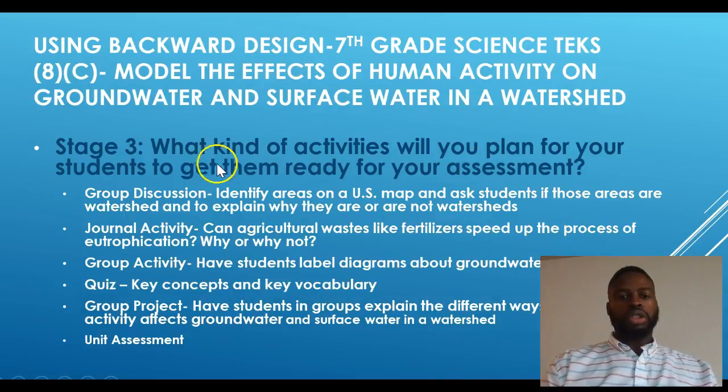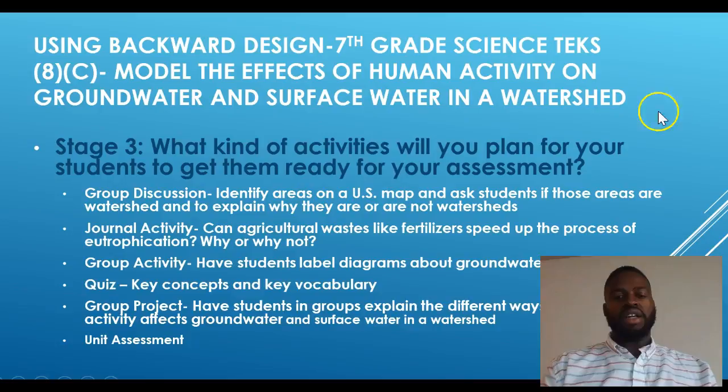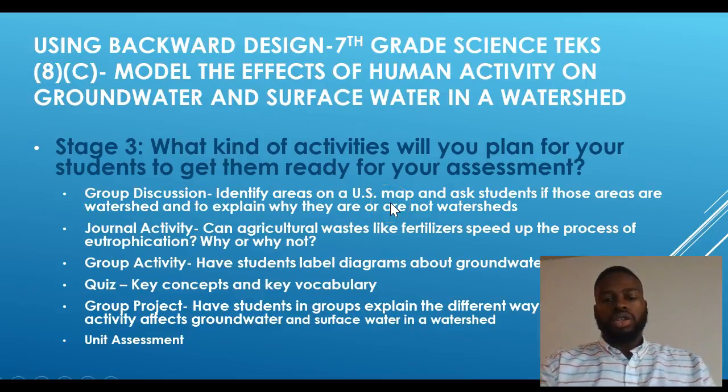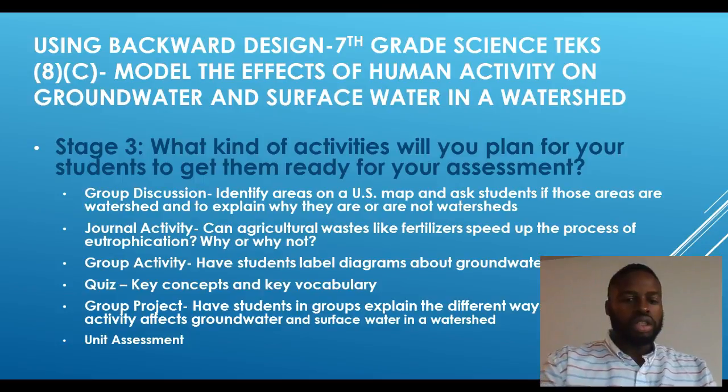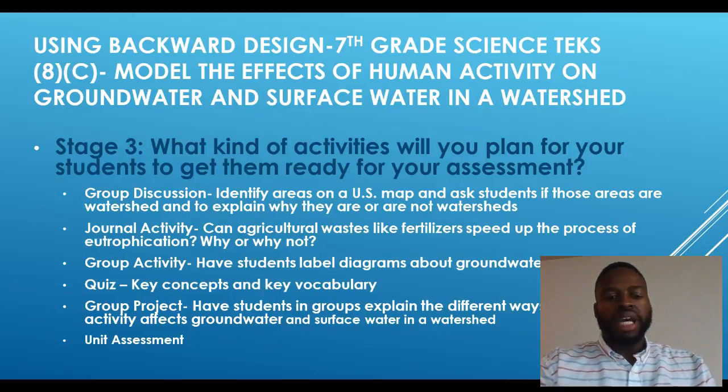Moving on, stage 3, what kind of activities will you plan for your students to get them ready for your assessment? You can do group discussions. Identify areas on a U.S. map and ask students if those areas are watersheds and to explain why they are or are not watersheds. Journal activities. Can agricultural waste like fertilizers speed up the process of eutrophication? Why or why not? Group activity.